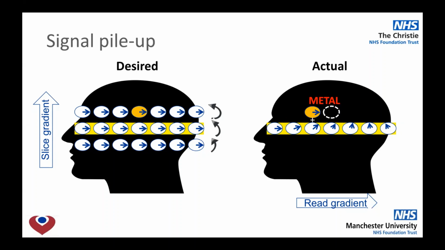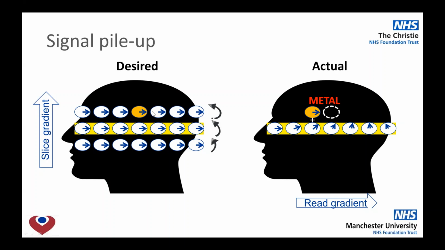Finally, signal pileup. If the slice gradient is applied and RF is input, you would expect to only excite the slice in yellow here. However, if there's a metal object close to spins in a nearby slice, that could alter their resonant frequency such that the input RF will also resonate with those spins, and they will actually be translated into the image.